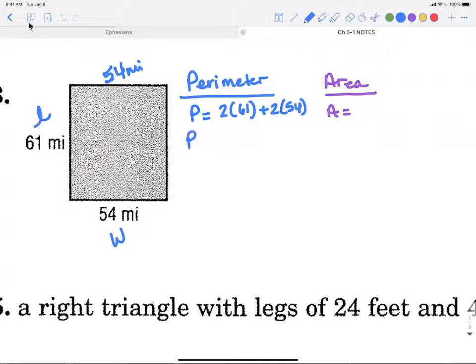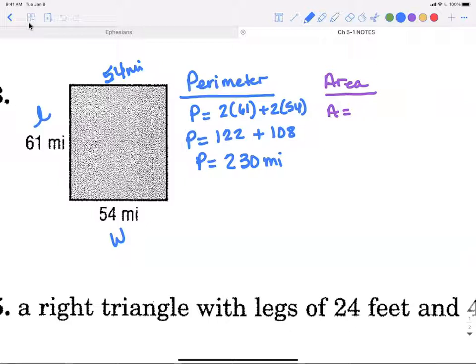I have perimeter equals, well, 2 times 61 is 122. Is that right? Yeah. And 2 times 54 is 108. And then we add 122 and 108 and we get 230. And how would I label this one? Somebody that hasn't raised their hand yet today. Yes. Miles. Good.